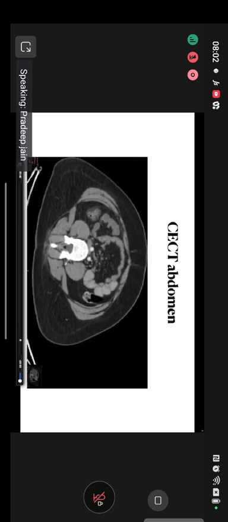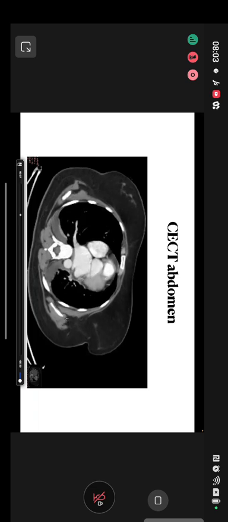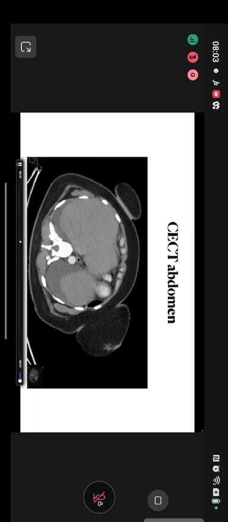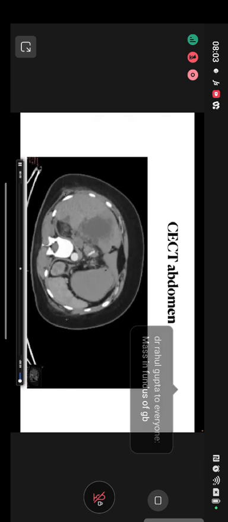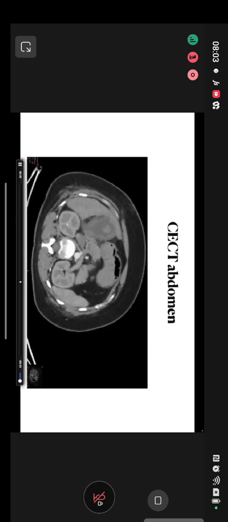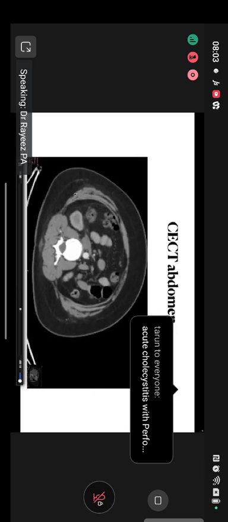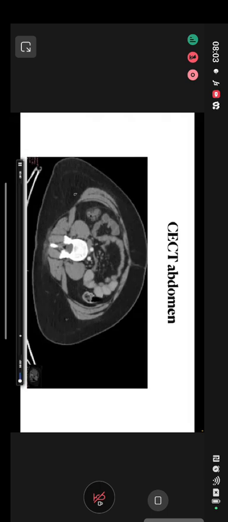Can you tell me the findings, or do you want me to rerun it? Second read. So CT shows there is bilateral pleural effusion, as well as a distended GB with an enhancing mass lesion in the fundus, along with some pericholecystic fluid as well.